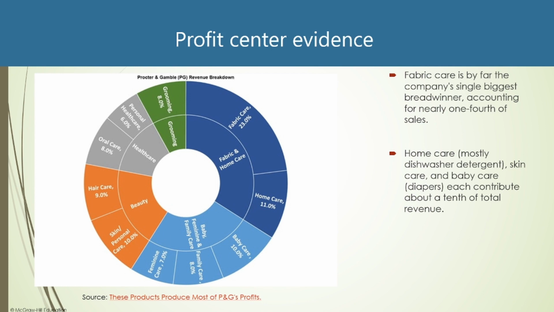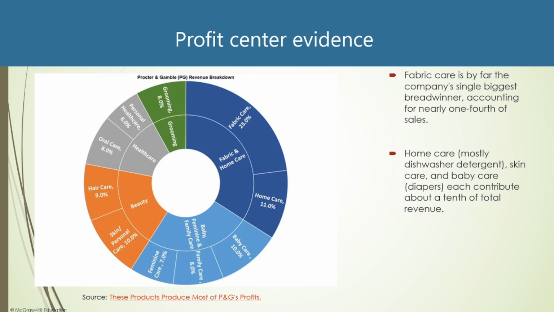This is a pie chart that I got from an online resource, which I put a reference here at the bottom. As you can see here, fabric care contributes 23% of the total revenue for Procter & Gamble in 2023. So it is the largest revenue contributor of the company.